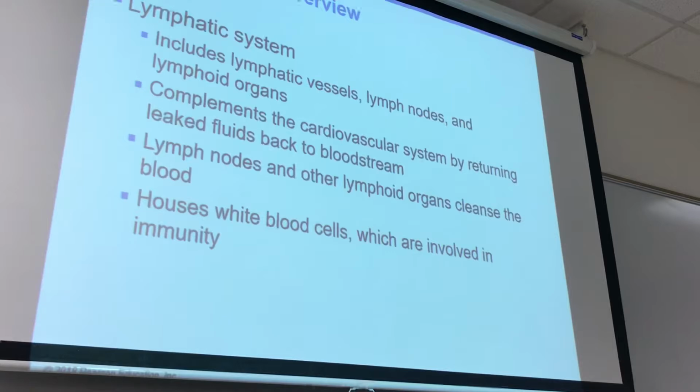And in doing so, it tests that fluid for the presence of anything that doesn't belong in the body, whether it be a virus, a bacteria, a fungus, cancer cell, whatever. It tests this fluid by sending it through specialized structures called lymph nodes.